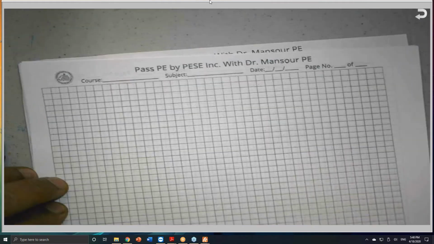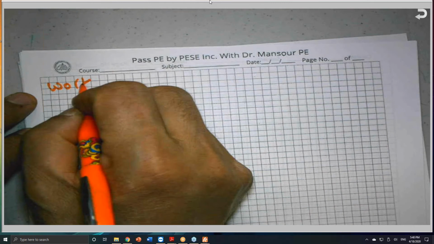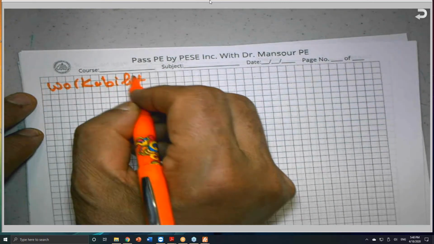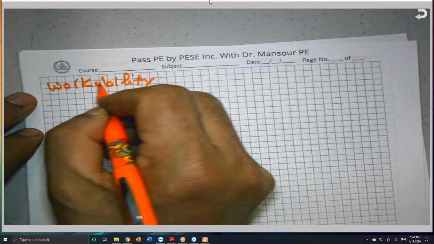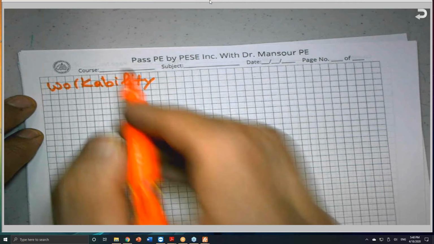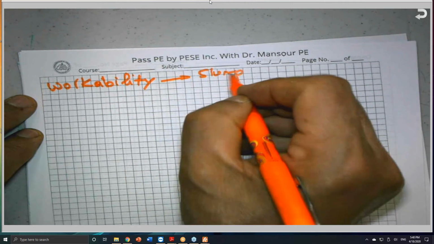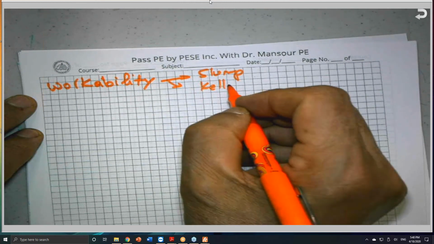So the concrete must be workable. So they came up with the term workability. So either the slump or the Kelly ball.